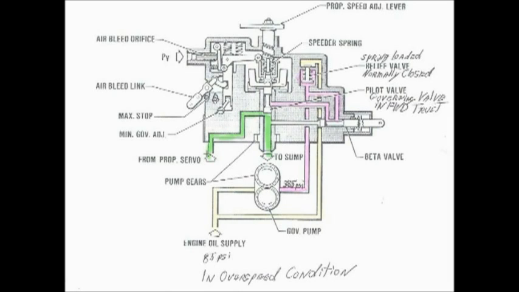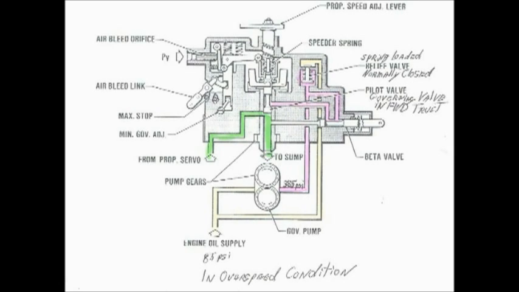As the piston goes back towards the hub, it's going to push oil back from the servo into the governor, and when there needs to be more pressure in the servo, this pilot valve here is going to open up and allow pressure to go to the servo, or the piston and the cylinder.